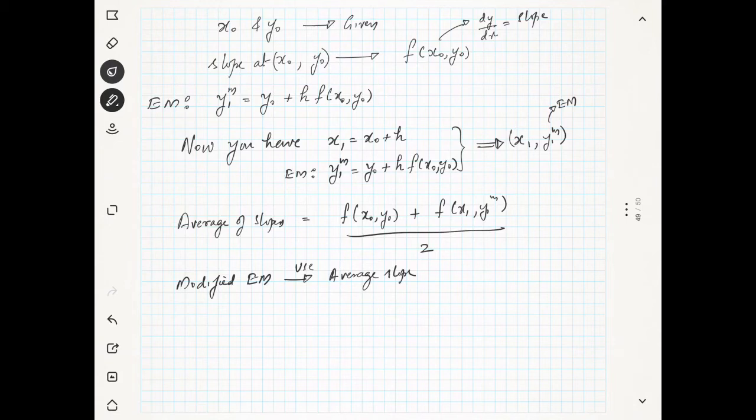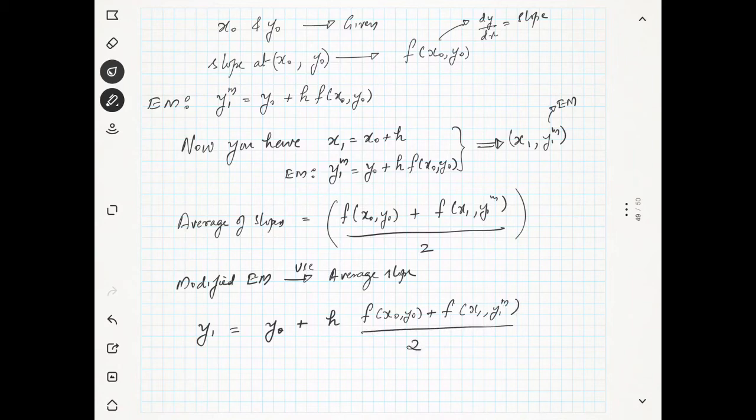That means you will get your actual y1 as something like this. y1 is equal to y naught plus h into this average slope, which is nothing but f of x naught y naught plus f of x1 y1 m divided by 2.